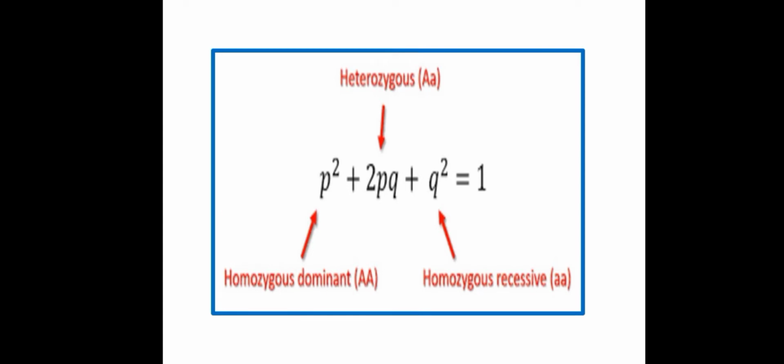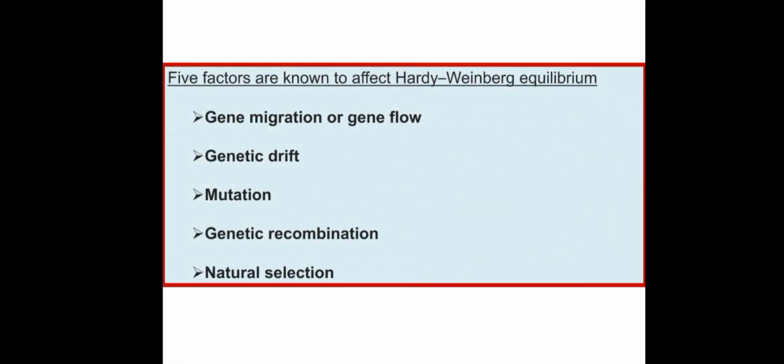As we have seen already, Hardy-Weinberg equilibrium can exist in a population in the absence of evolutionary influences. But in nature, there are some factors known to affect Hardy-Weinberg equilibrium. Let's see them one by one. First one, gene migration or gene flow.